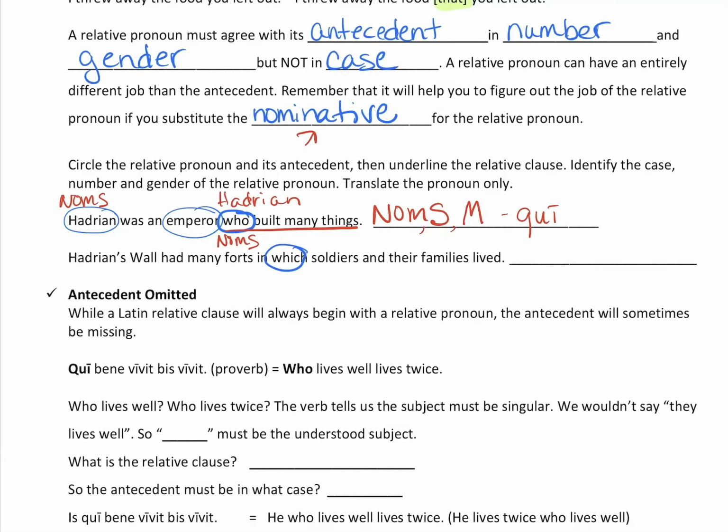The wall, soldiers and their families lived, or is it the word fort? So it's actually, what did their soldiers and families live in? The families didn't live in the wall, the families lived in the forts. So forts, I'm going to erase this right here so we're not confused with the one above. Forts is actually the antecedent because the soldiers and their families lived in forts.